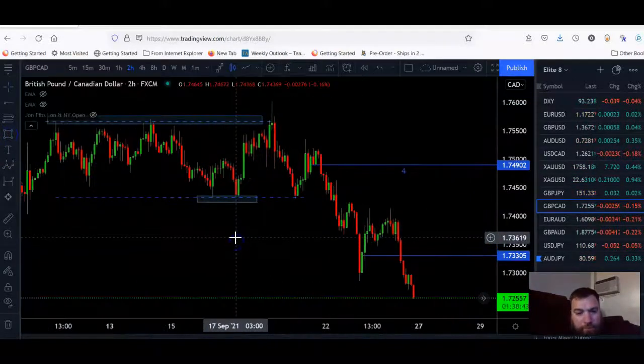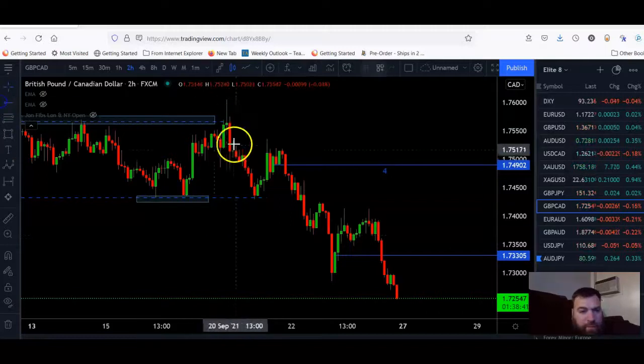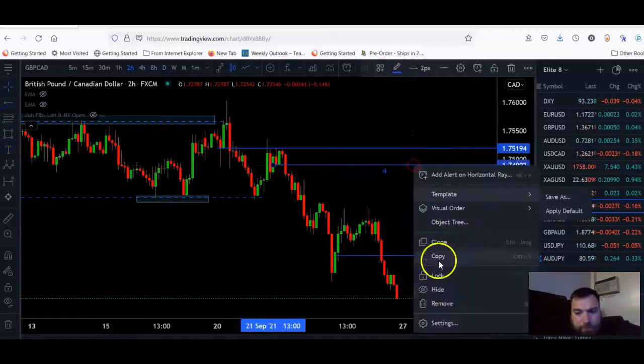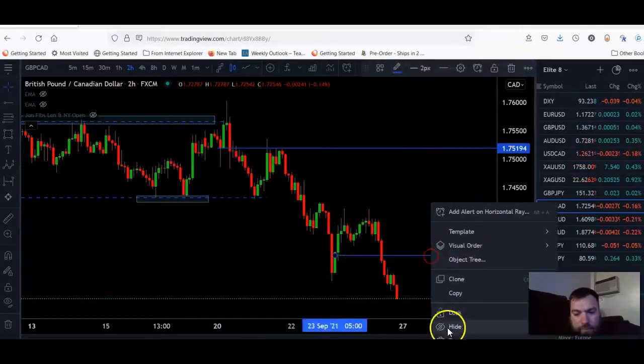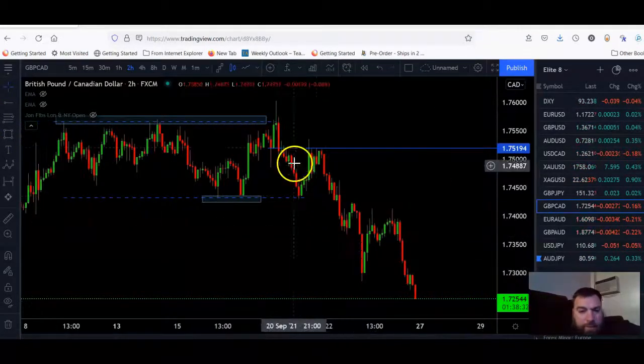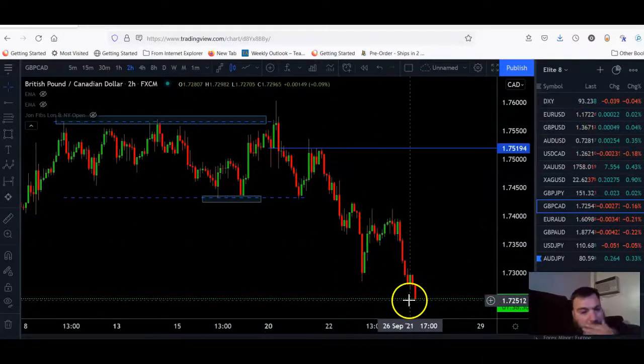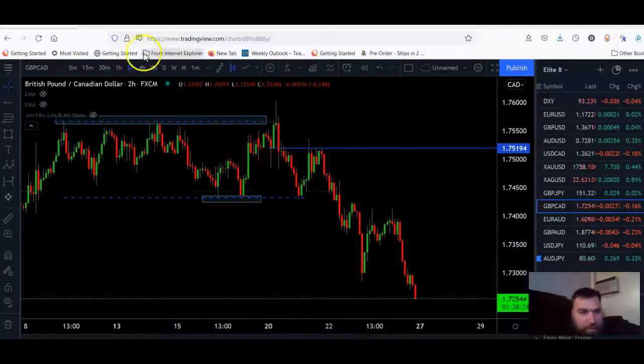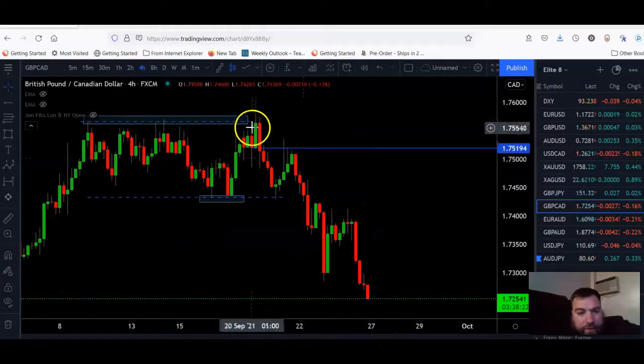Okay. Comes back to this candlestick right here. Take this off. Comes back to here and then melts down. Takes out all this, comes back down, comes up to this last candlestick right here, comes back down, even on the 4 hour. Okay.